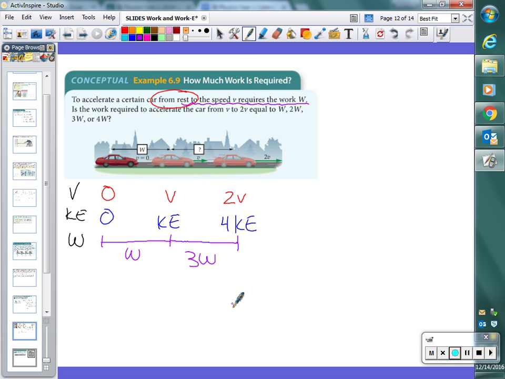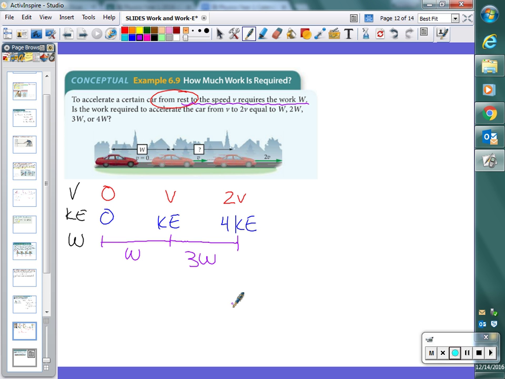Does that make sense? Change is the difference between the beginning and the end, right? At the middle picture, it already has one value of kinetic energy. It went up to 4. That's a change of 3, right? It would be 4W for the whole trip, but it didn't ask us about the whole trip. It just asked us about that second interval.